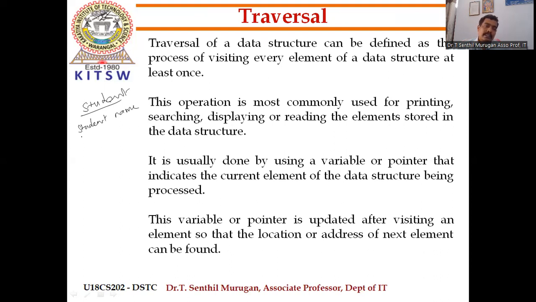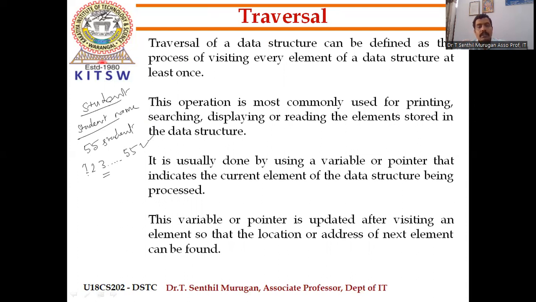Maybe in this data structure we have 5 students' names. If we apply traversal, it will start from the first student name and read one by one: first student, second student, third student, up to the last student. At least once we visit every name in the entire database, and that is considered traversal.